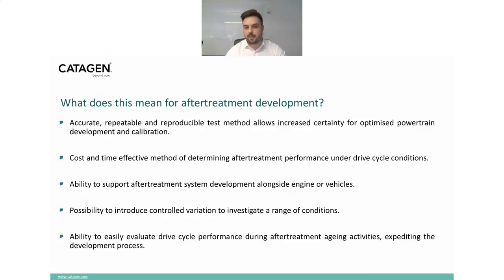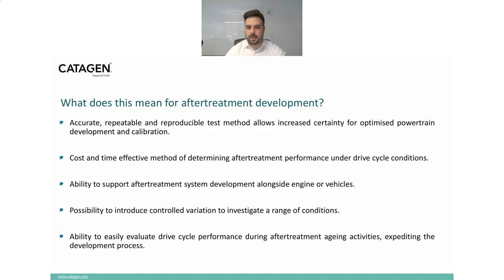And we can then ask the question, what does this actually mean for after treatment development? So we have, like I said, this accurate, repeatable, and reproducible test, which allows us to have increased certainty for optimized powertrain development and calibration.